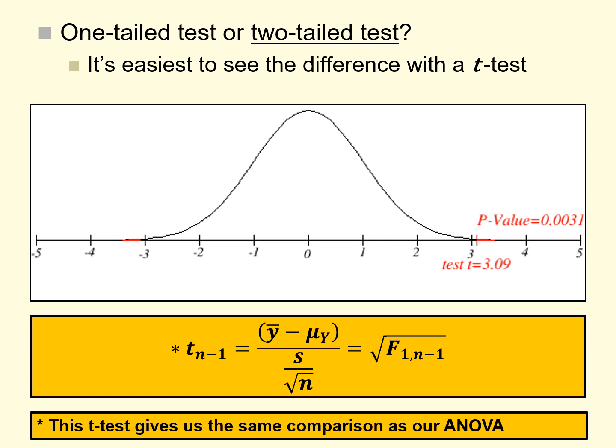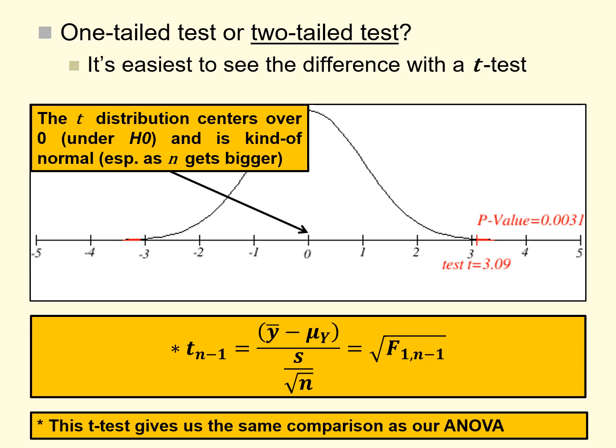So you can see here, for instance, let's imagine we got a test statistic for our particular study that was t equals 3.09. The probability of that test statistic in this sampling distribution under a two-tailed test is a probability value of 0.0031. So the test is statistically significant, we might say.